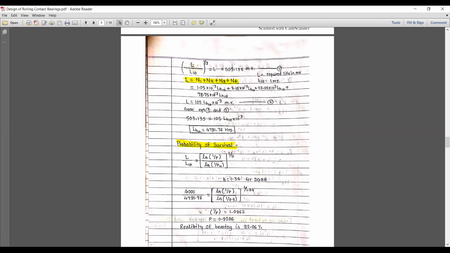So if the bearing has 90% probability of survival, it will run at least that long, 4791.76 hours. Now they have asked in the question to find out the probability of survival of the bearing. So they have given 4000 hours, meaning it should run at least that long. If it has to run 4000, what does it mean? Our life at 90% probability comes to 4791.